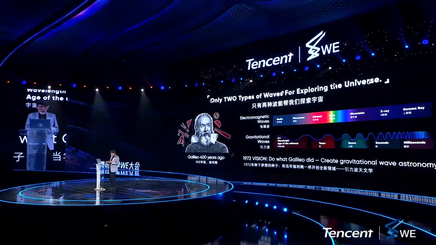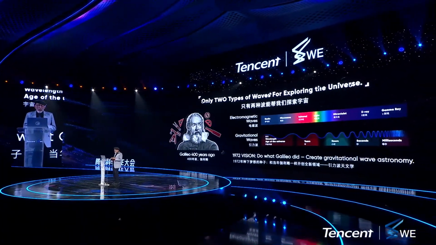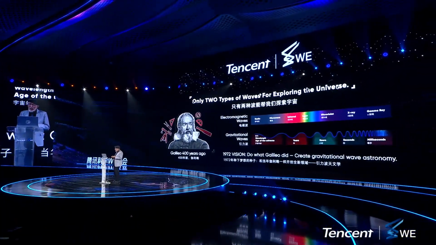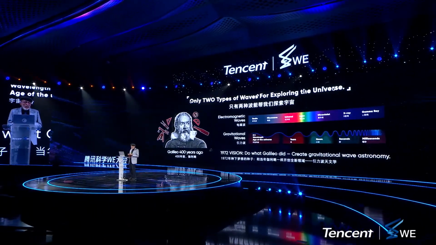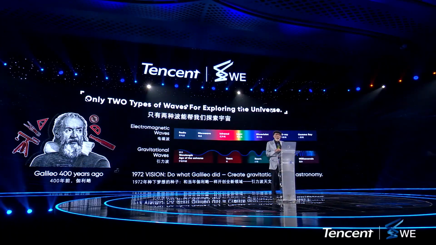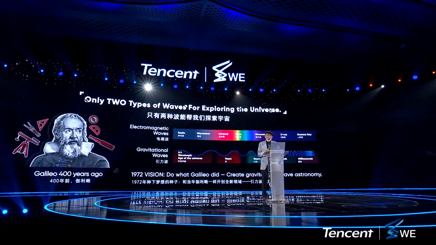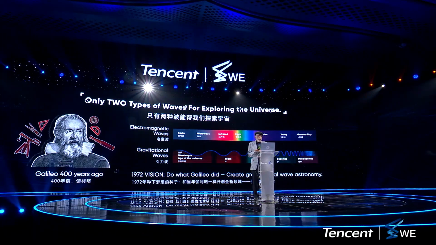In 1972, my colleagues and I began to develop a vision for the gravitational wave astronomy that would result if gravitational waves can be detected, and for the revolution that gravitational and electromagnetic waves together might produce.